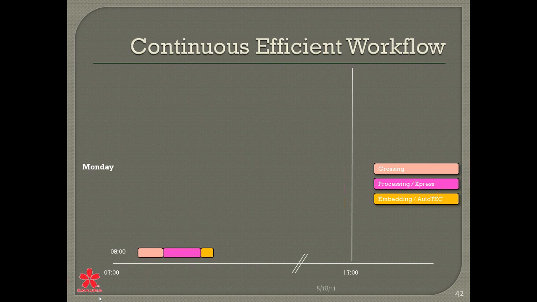We had the Express, so it takes about 1 hour or 2 hours depending on the program you chose. Then the embedding. After embedding, you go on with the microtomy. Then you have to stain it with your staining machine and then deliver it to the pathologist. So at about 11 o'clock, all the specimens that were grossed that morning at 8 o'clock already went to the pathologist.